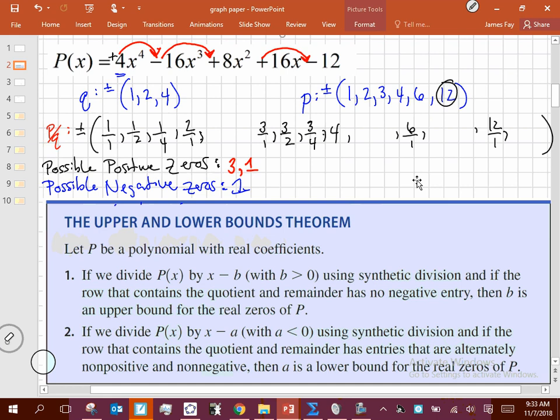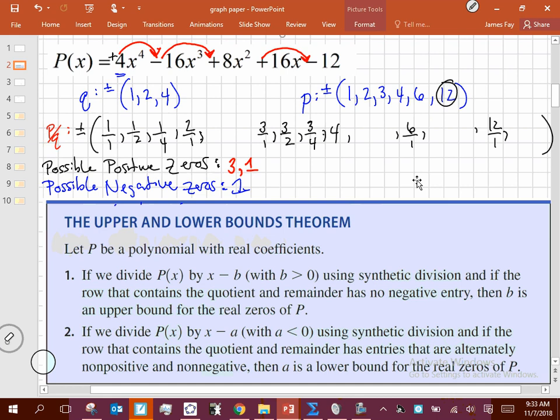And I go through my division, and my quotient is all non-negative values, okay? That tells me there are no zeros that are bigger than 3. And that would allow me to kick out some of my P over Qs, right? Okay, if 3 did that, we could kick out 4, 6, and 12. Eliminate some of our P over Q options, okay?